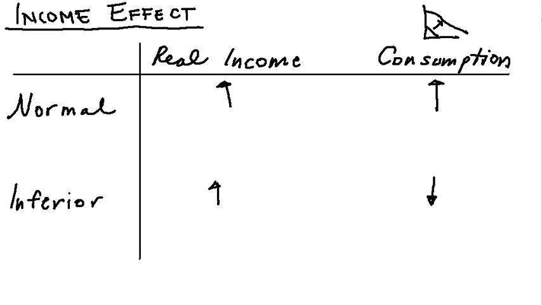So which kind of goods are normal and which kind of goods are inferior? Well, let's consider a few. For example, cars. As we get richer, we buy more of them, so these are normal goods. On the other hand, public transportation, as we get richer, we buy less of because it gets substituted by cars. So public transportation is an inferior good.